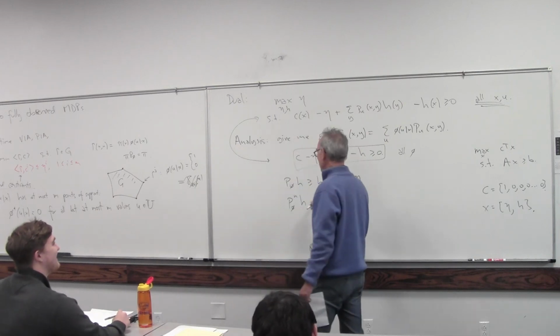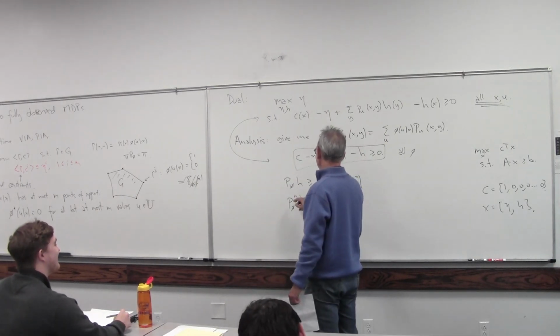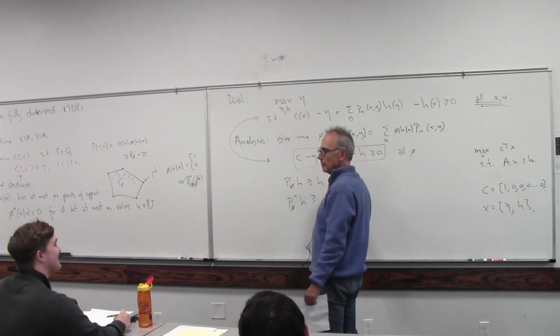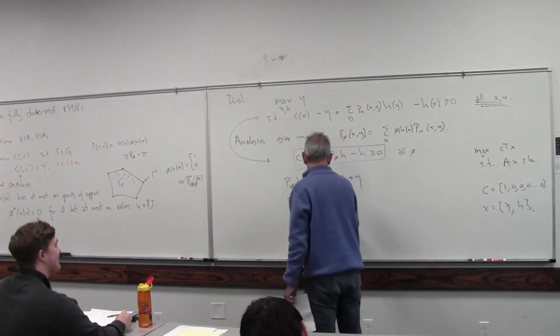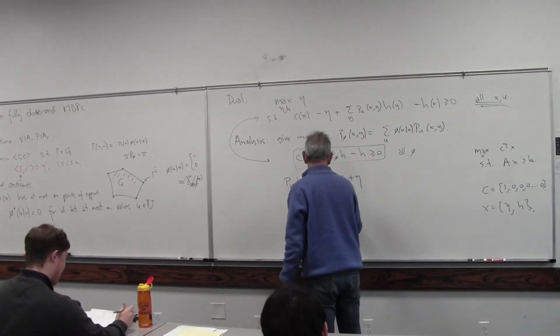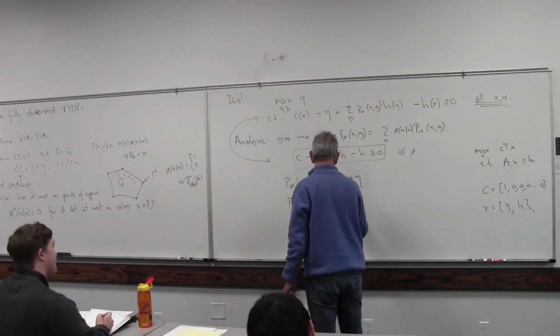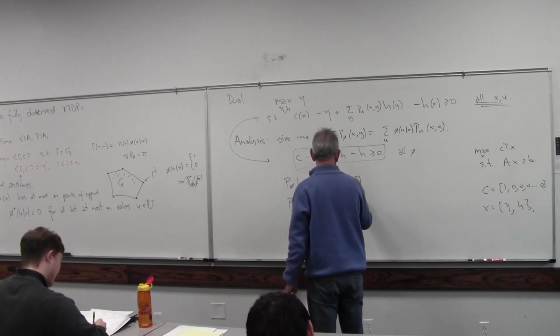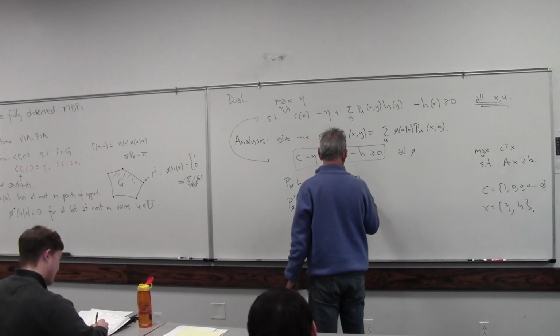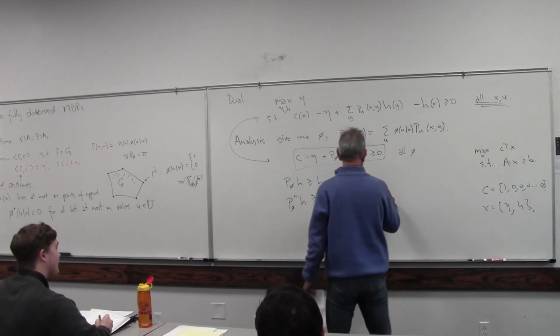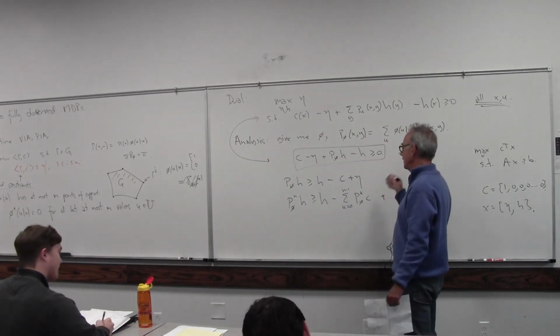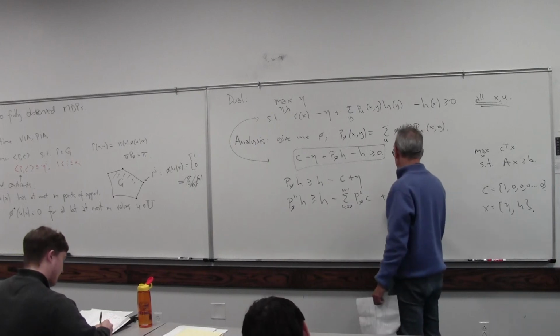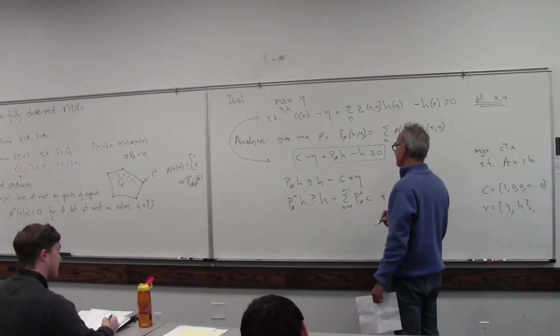If I keep hitting it by P phi, I'll get a sum. And this is a constant. It just gets added on over and over again. So you get an n times eta. All right.